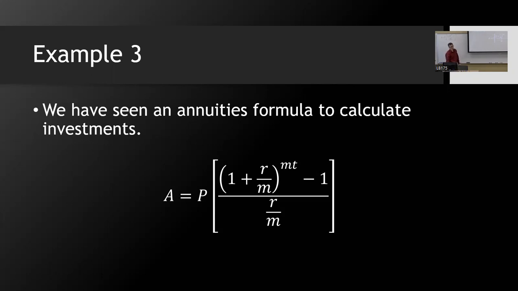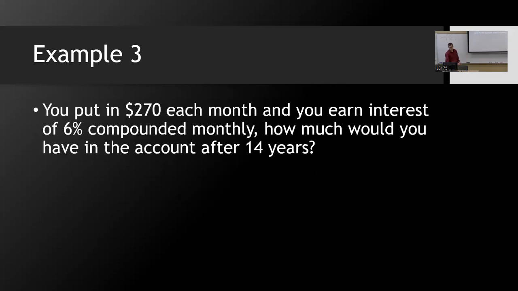Remember, P stands for the payments you're putting in each time, or principal. R is your interest rate, M is how many times it's compounded per year, T is the number of years.